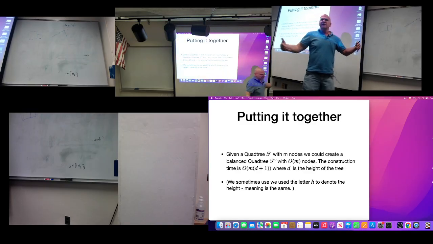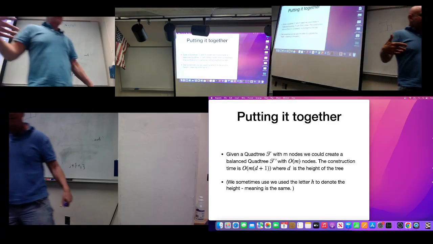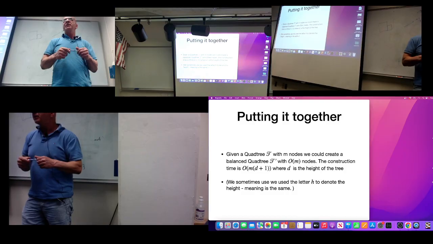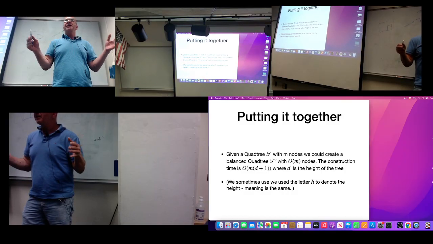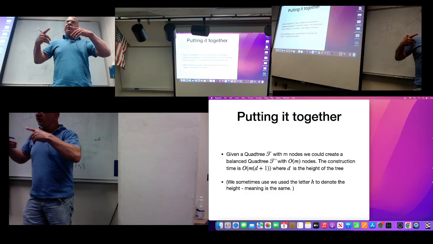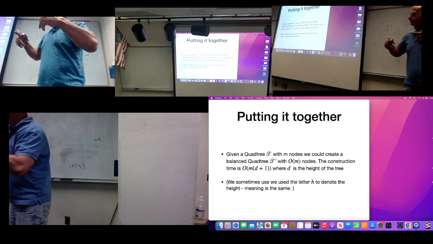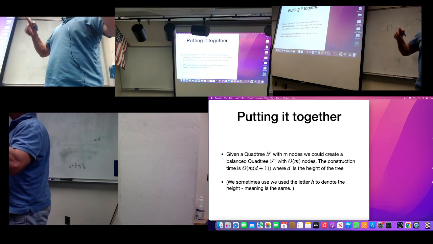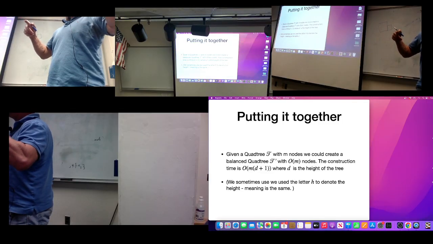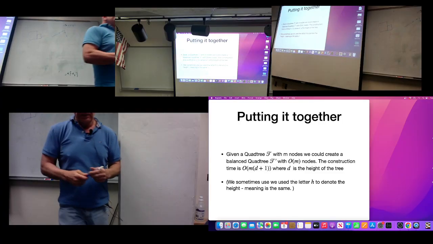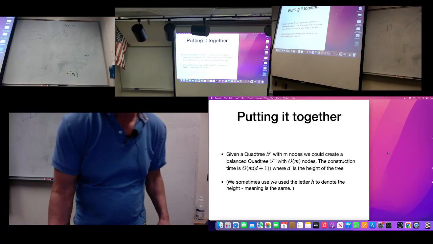Because we said that the balanced quad tree is similar in complexity to the original quad tree. As long as 37 is small enough a constant for you, the balanced quad tree has at most 37 times more nodes than the original one. And that's the time to build it.